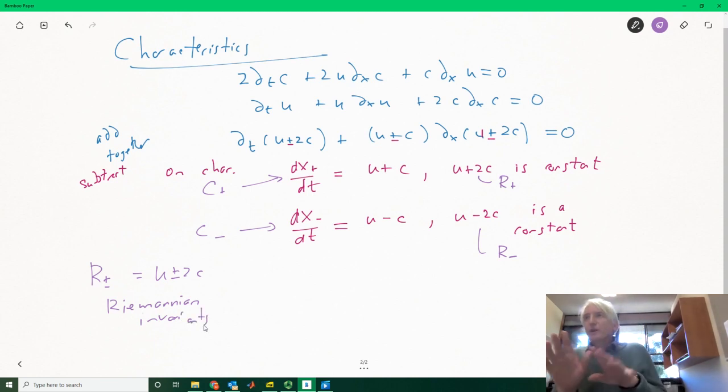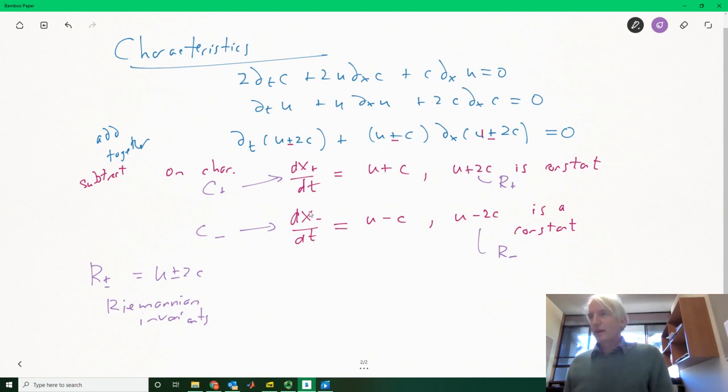Now this is where it's going to get a little bit tricky, and I'm going to illustrate it through some examples and some pictures, because we're still far from able to solve these equations. It's not a formula that depends only on x and t like we had in the case of a simple wave equation. These curves are going to get bent and twisted around because this quantity here is different from here.